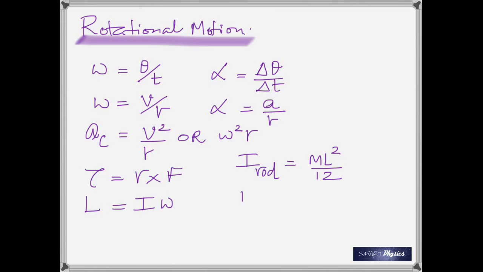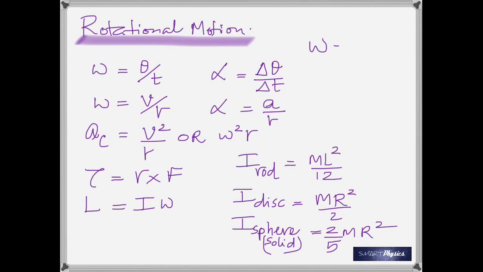It'll be ml squared by 3 for a rod. Rotational inertia of a disk is mr squared by 2. And for a solid sphere, it is 2 by 5 mr squared.